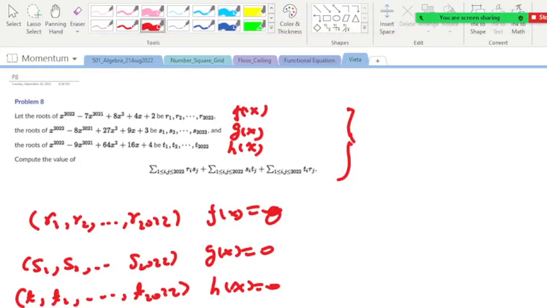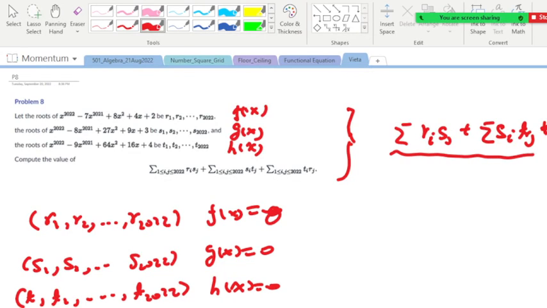So the question asks us to solve the sum of any orders of the r_i s_j, the sum of any order of s_i t_j, and any order of t_i r_j, right? Looking at it, it must be Vieta's formulas.